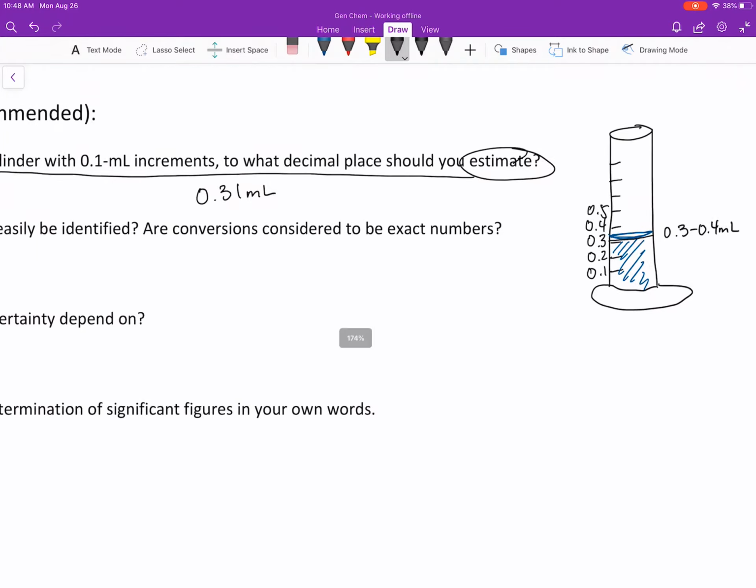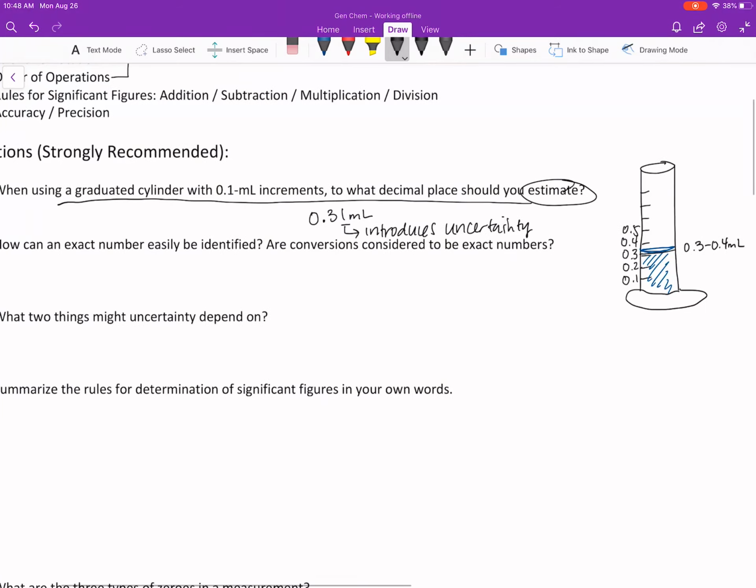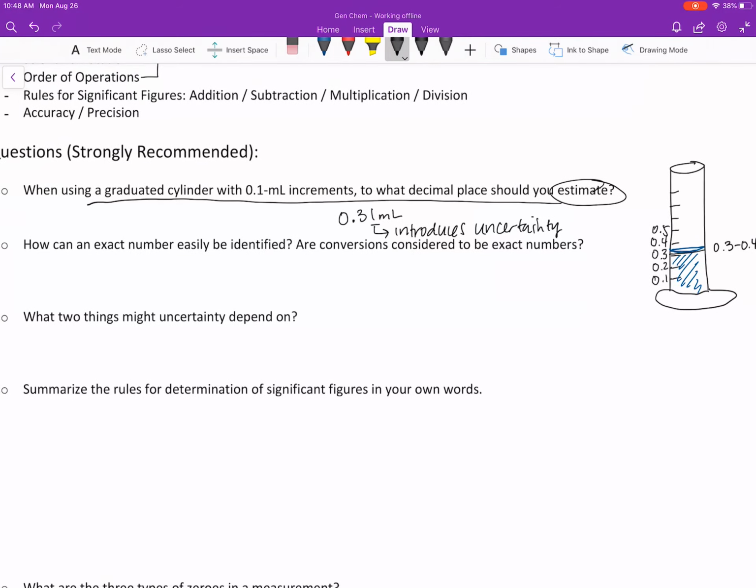Now somebody else might look at that and say, oh, I think it's 0.32 milliliters. And that's why estimating this second decimal place introduces uncertainty into our measurements. Okay, and that's where significant figures come from, because we have this degree of uncertainty.